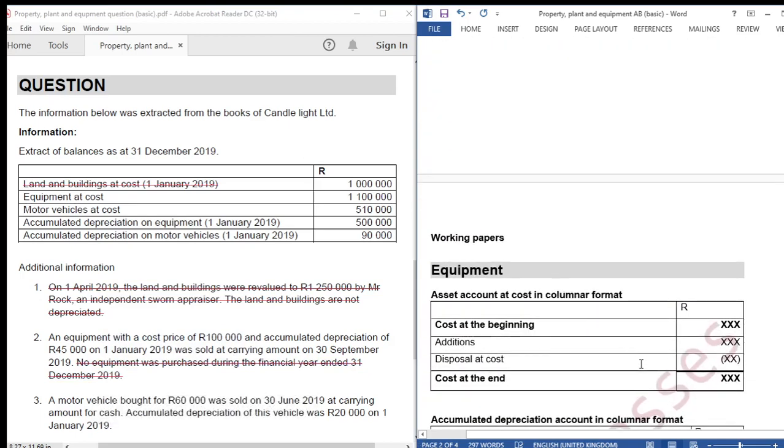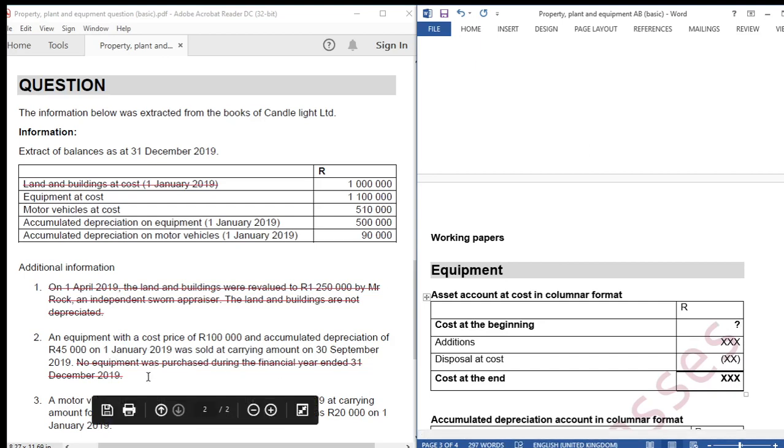Let us go to our working papers. This is an asset account at cost in columnar format, whereby we have cost at the beginning plus additions, subtract disposal at cost is equal to cost at the end. Cost at the beginning we don't have. That's what we are looking for. Additions we don't have as well. No equipment was purchased, so this is going to be 0.